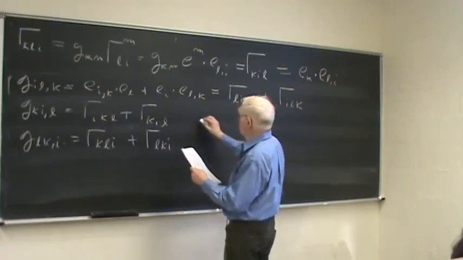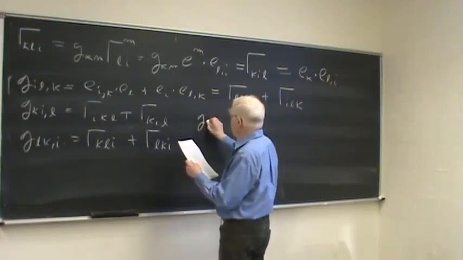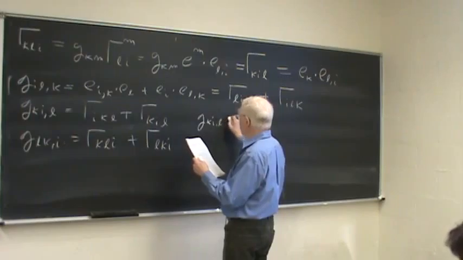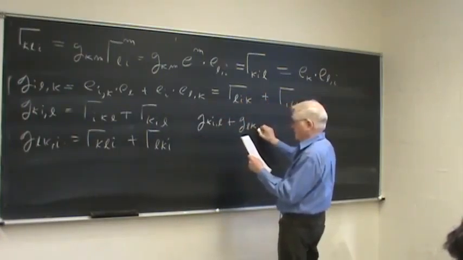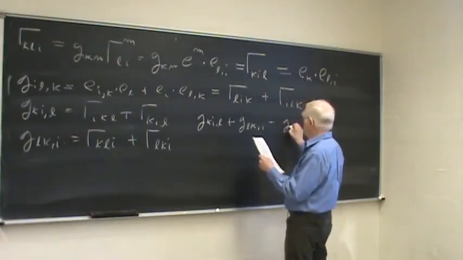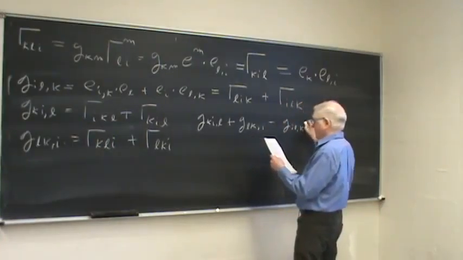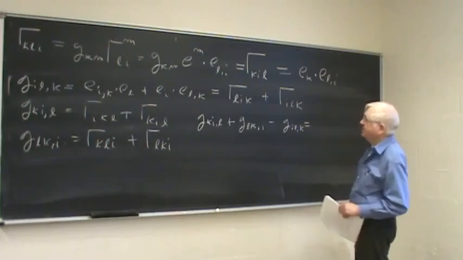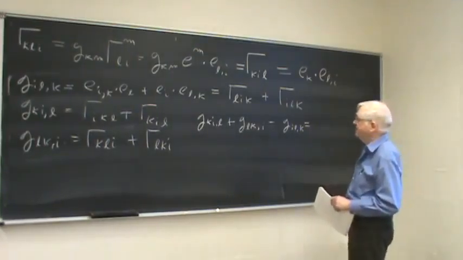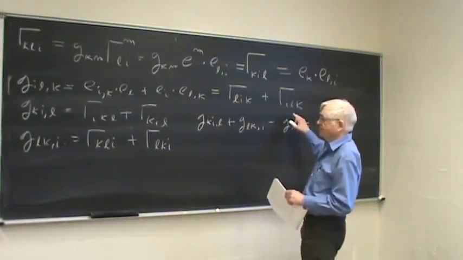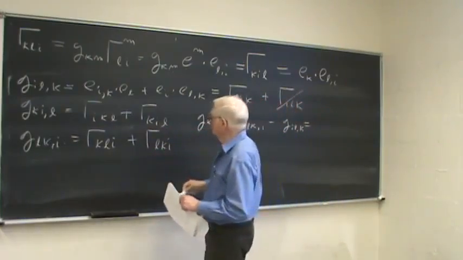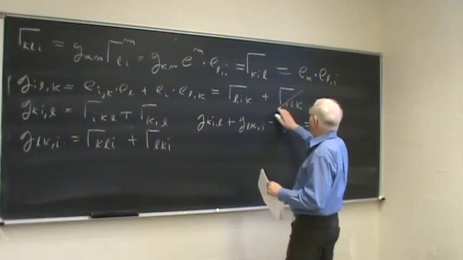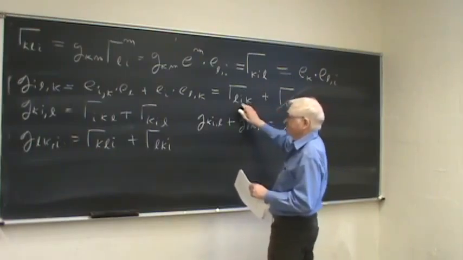Then we get g_{ki,l} plus g_{lk,i} minus g_{il,k}. And now, if you keep track of these, when we subtract this one, oh, I think I picked the wrong one. All right, not this one. This one.